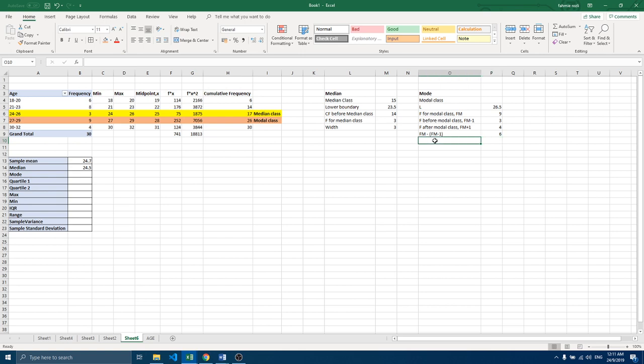And then next, frequency for model class minus frequency after model class, which is equal to 9 minus 4, then you will get 5.